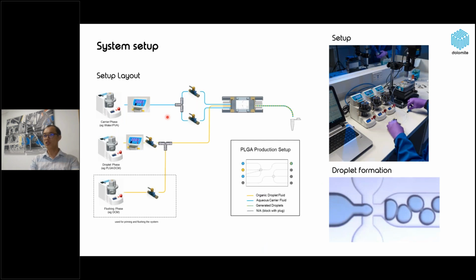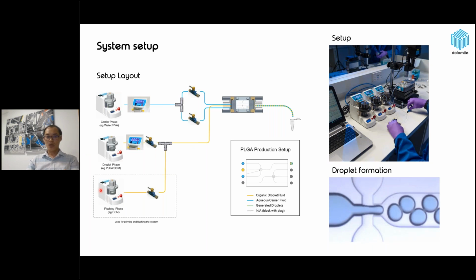Here is a system setup for making PLGA using our single channel system. So we have 3 pumps set up. The first pump is for delivering the carrier phase like water, using PVA, polyvinyl alcohol, as surfactant or emulsion stabilizer. And the second pump will be used for driving the droplet phase like PLGA in DCM.